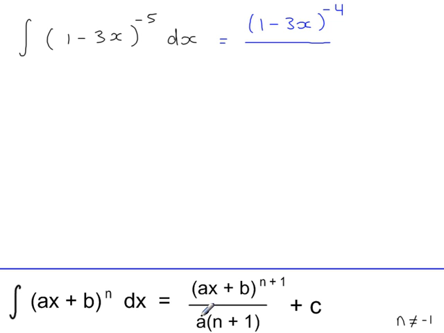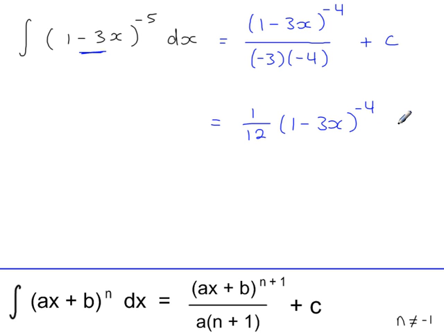And then we're dividing by the coefficient of x, and the coefficient of x is minus 3. And we're dividing by the new power, which is minus 4. And we can simplify that to 1/12, 1 minus 3x to the power of minus 4 plus c.